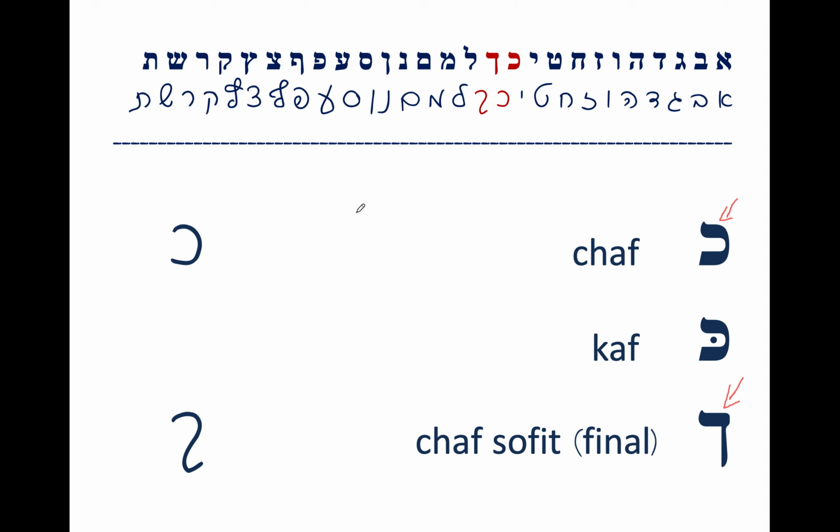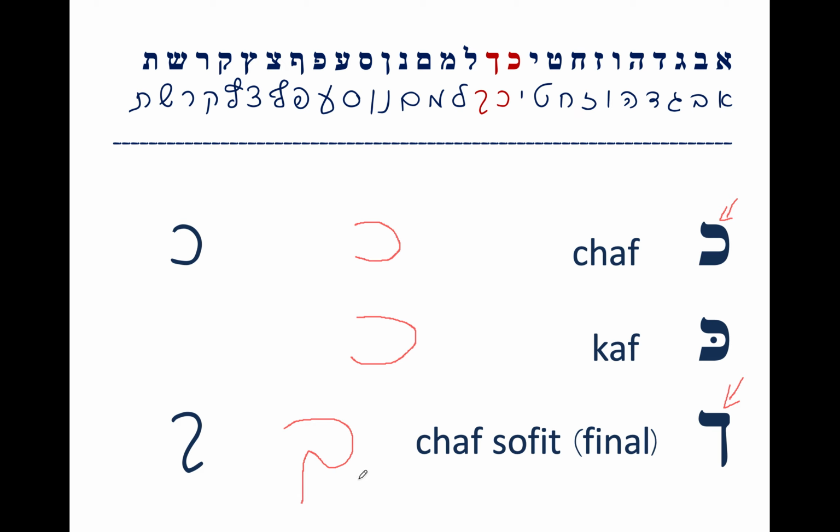And the way you write chaf is very simple. Like this. Kaf, the same way. Like we said before, we don't write the dot or the dagesh in modern Hebrew. And chaf sofit, like this. Okay, and that's chaf sofit.